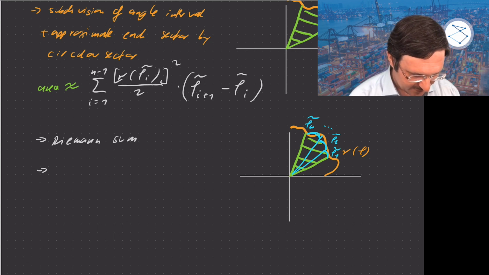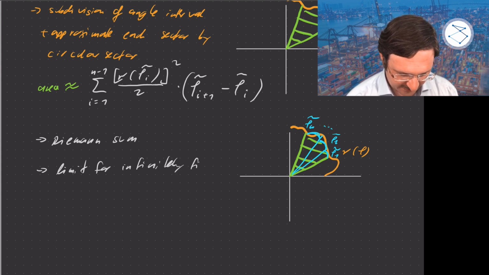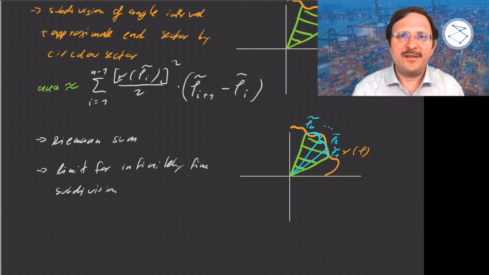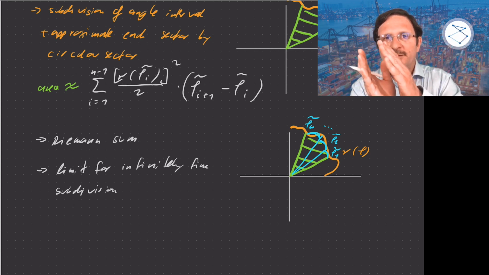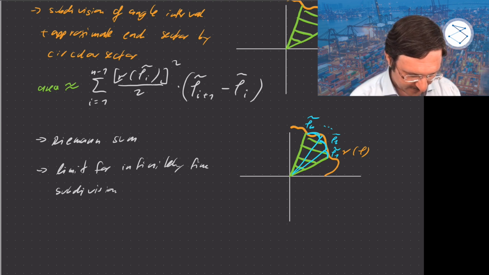So what we do is we take the limit for infinitely fine subdivisions. So we subdivide that into infinitely many parts, such that the single intervals become smaller and smaller in that subdivision. And then what we get is a formula for that area.